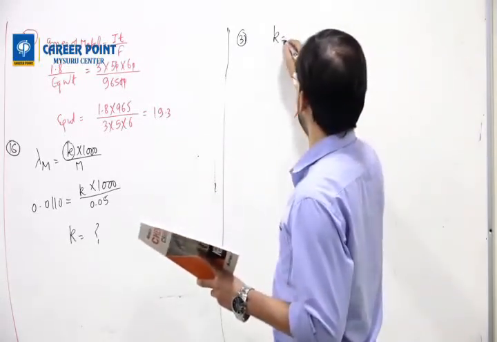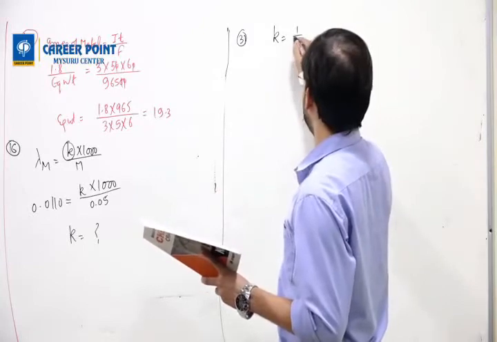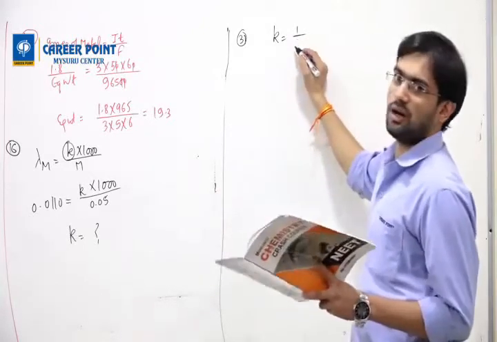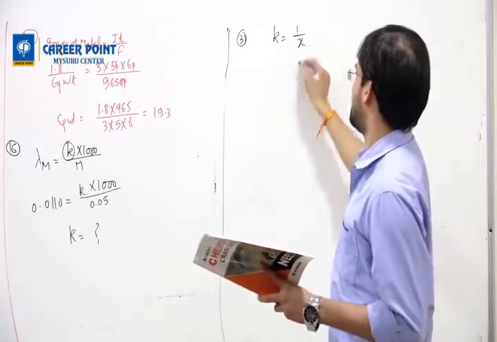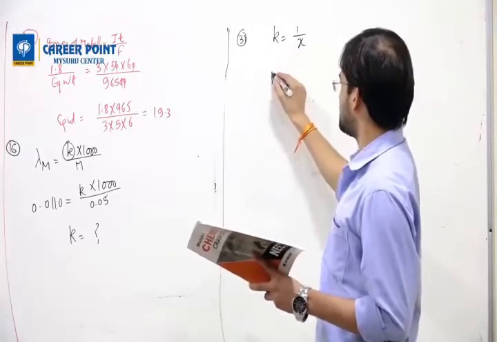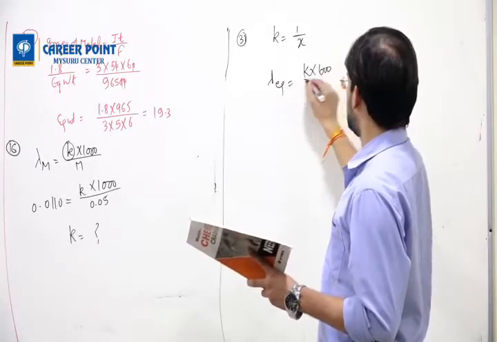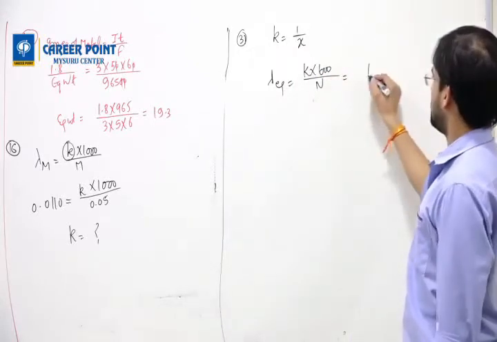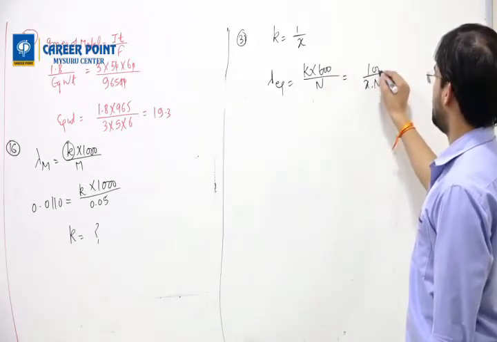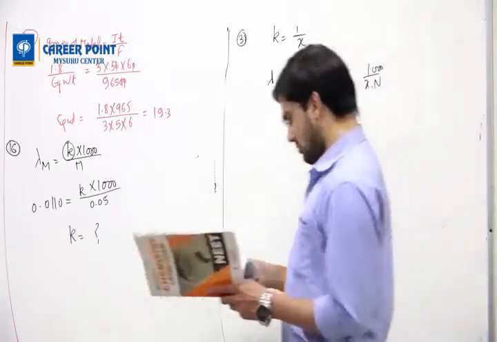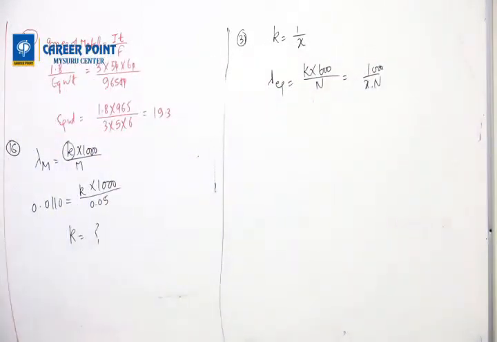So if you remember, K is conductivity, which is the reciprocal of specific resistance, which is X. So K equals 1 by X. And lambda equals K into 1000 by N. Instead of K, I write 1 by X, normality as N only, so 1000 by Nx.